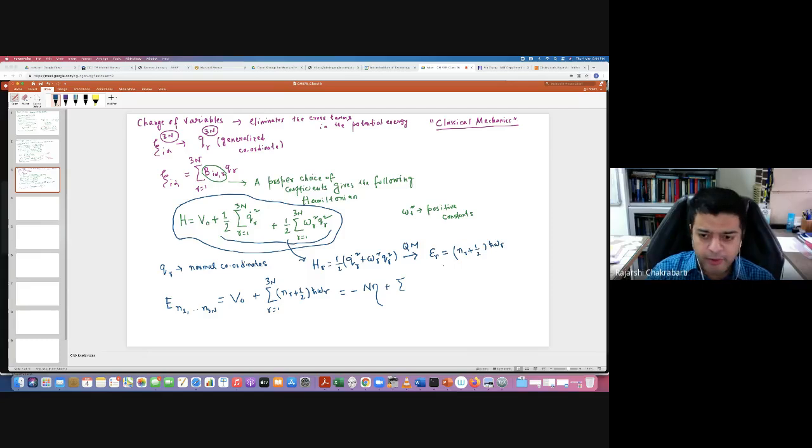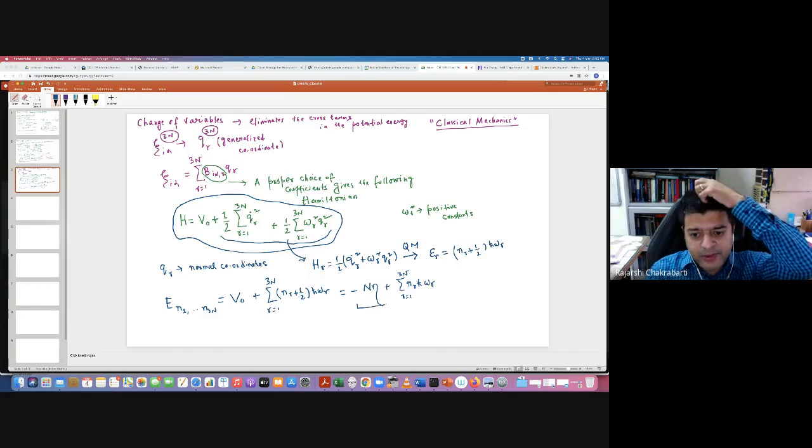So what I'm going to do is write n_r h cross omega_r, where r goes from 1 to 3N. You can also write that the sum is over n_r, whatever.